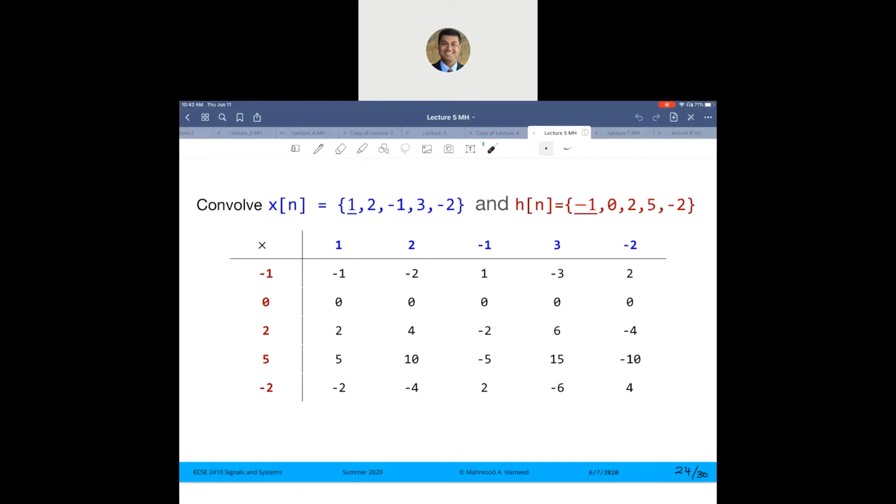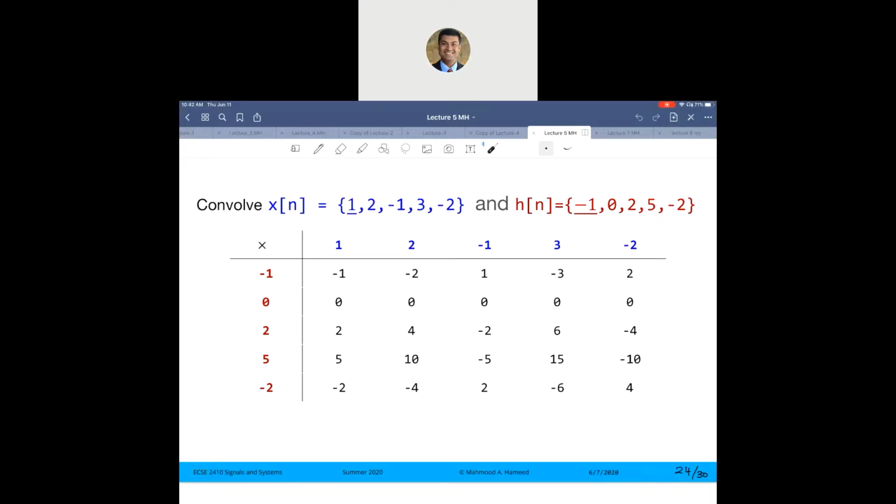The elements are 1, 2, negative 1, and so on, and those are distributed in that top row over there. And then the second discrete signal h, the elements are also given, is distributed on that column here, h of 0, 1, 2, and so on.